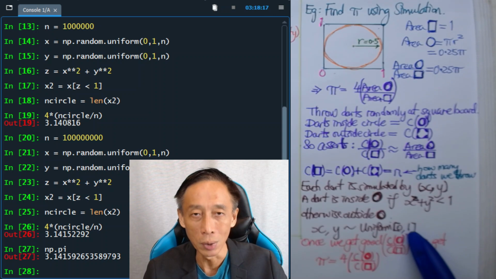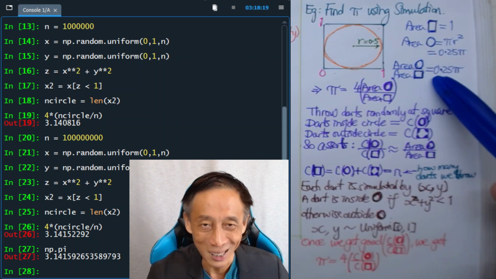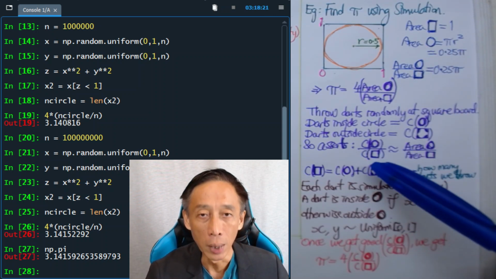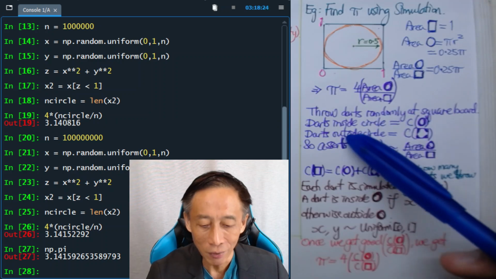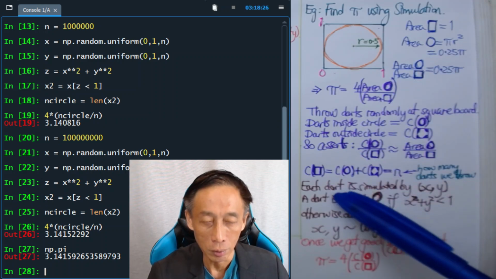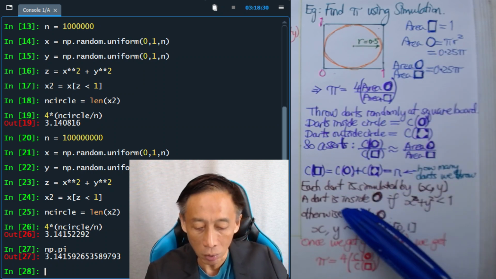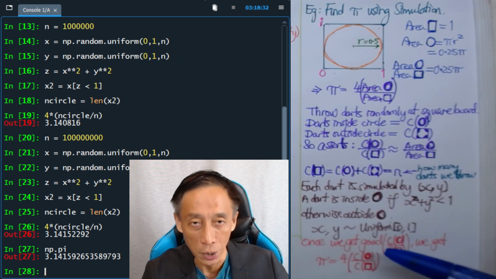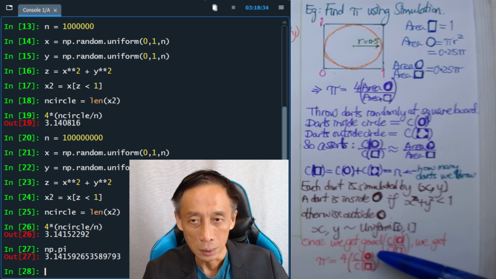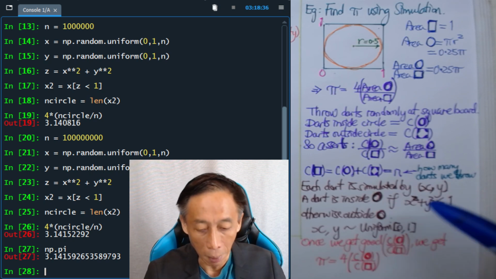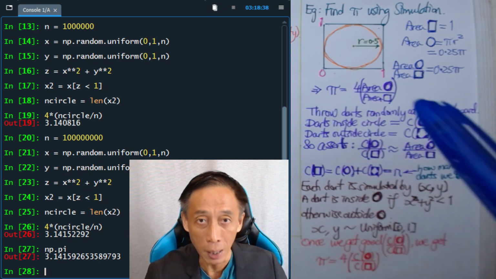But I'm trying to show you that the rules we know very clearly, the way to derive a governing set of rules, how to integrate it, integrate means assemble all the knowledge together to produce a simulation context or methodology that's appropriate to our goal, which is to find pi.